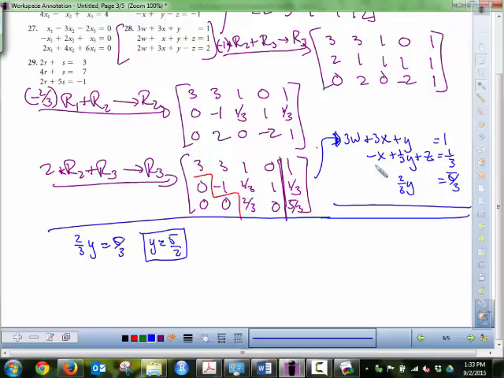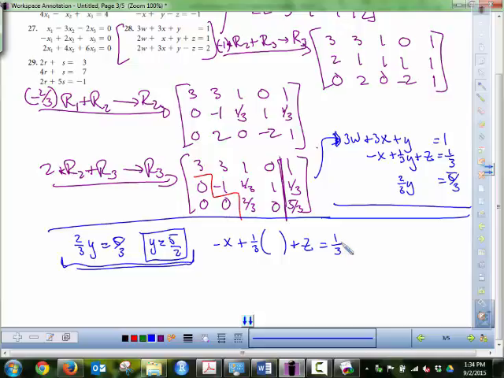Okay, the next equation is minus x plus 1/3 y. And I found a value for y, so I'm going to put parentheses there, and then I want to put the value for y that I found, plus z. Now, did we find a value for z?